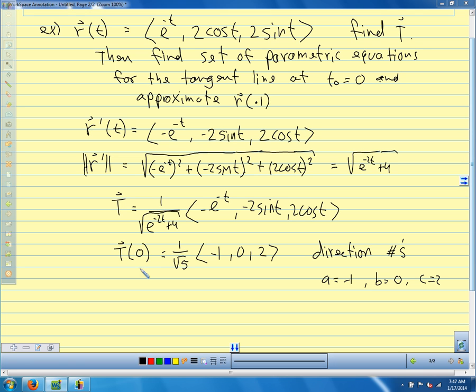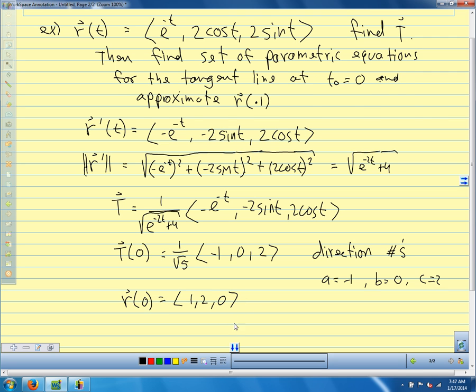Plug in 0 into the original, into r. Our point is at t equals 0, so we find r of 0. Plug in 0 into my position function, and I get r of 0 equals 1, 2, 0.